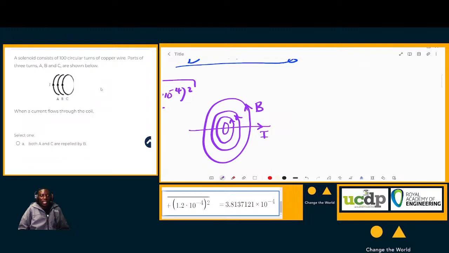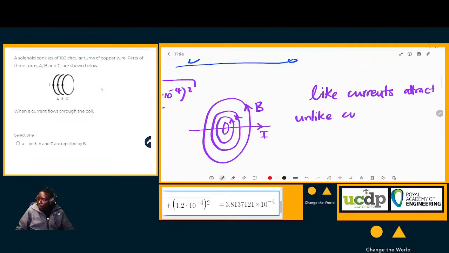Both A and C are repelled by B. So this is about the forces. Like currents attract. So we know that like currents attract, unlike currents repel.